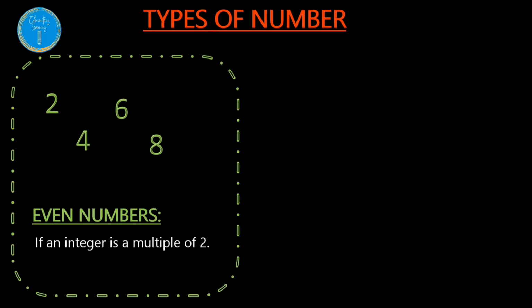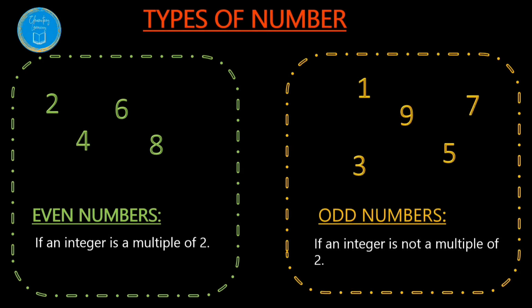Even numbers: a number which is a multiple of 2, like 0, 2, 4, 6 and 8. Odd numbers: a number which is not a multiple of 2, like 1, 3, 5, 7 and 9.